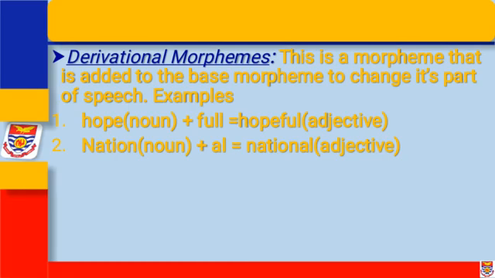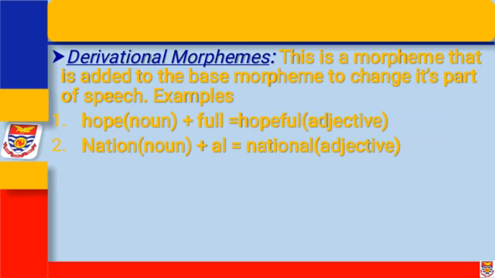We have hope. Now we know hope is a noun. Now after adding the derivational morpheme, which is F-U-L, we are going to have hopeful. Now comparing hope and hopeful, hope was a noun, but after adding the derivational morpheme F-U-L, it has changed to an adjective. 2.